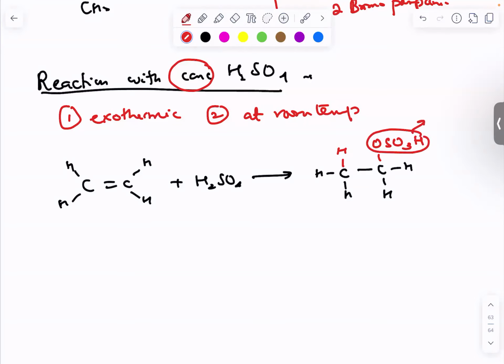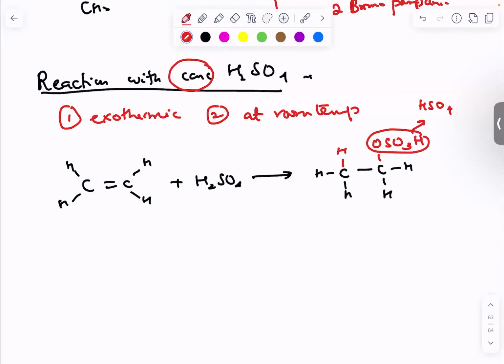Basically, this is equal to HSO4, but we write it like this, right? Because the bond is formed with oxygen, like this oxygen, okay? Otherwise, if you directly write HSO4, it would not be wrong.